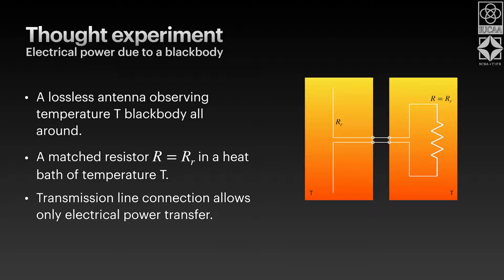Now, in another cavity, there is a matched resistor. When I say matched resistor, the resistance is chosen such that it matches the radiation resistance of the antenna that we have in the other path. And now they are both connected by a transmission line, which allows only electrical power transfer across it.